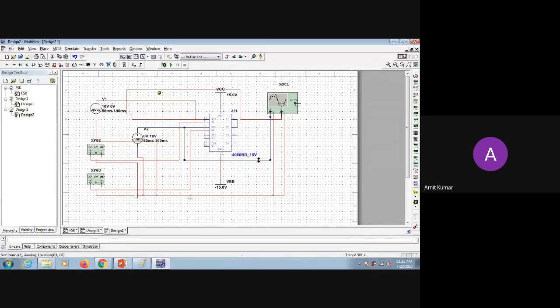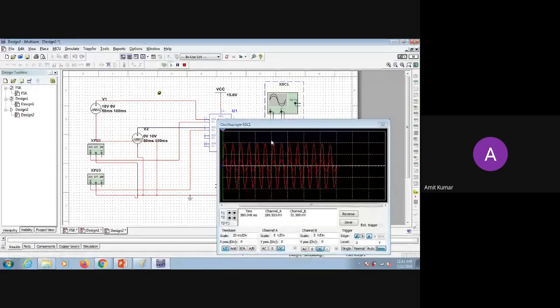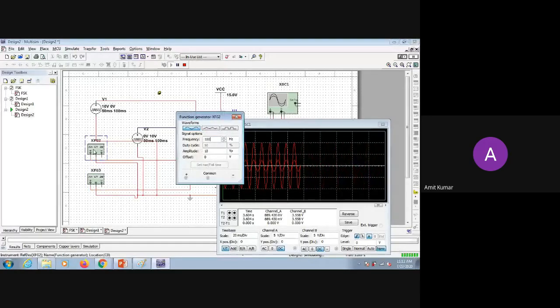Now we will see the output waveform. So two outputs we should get here. First we will monitor two, and second we will monitor three separately. So these two should be two ASK signals. Both are having the same frequency. One is 100 hertz. Okay, so that's why we are having this 500 hertz.